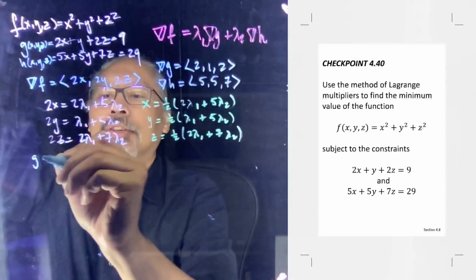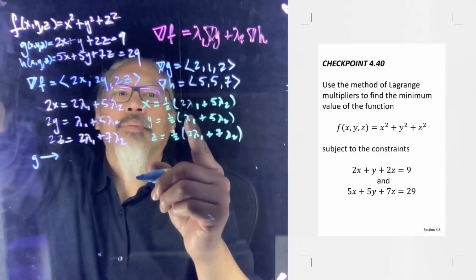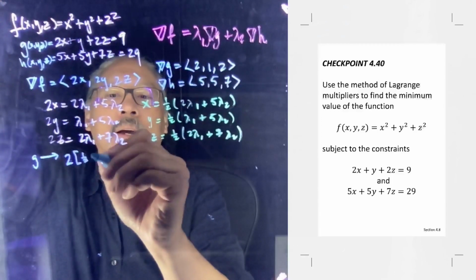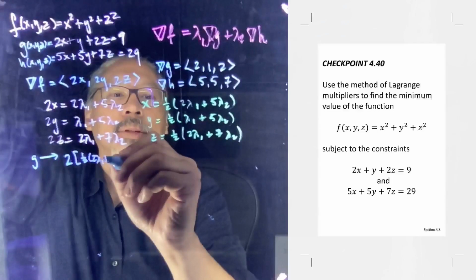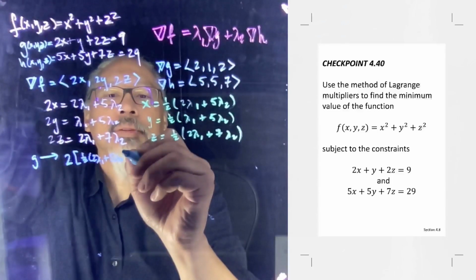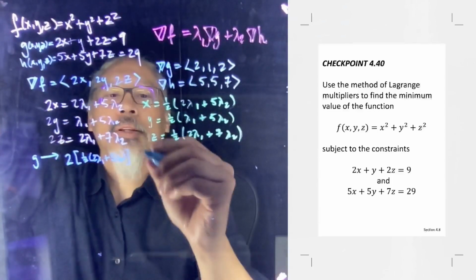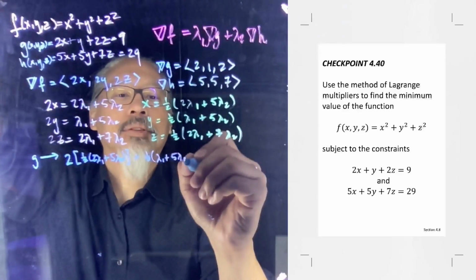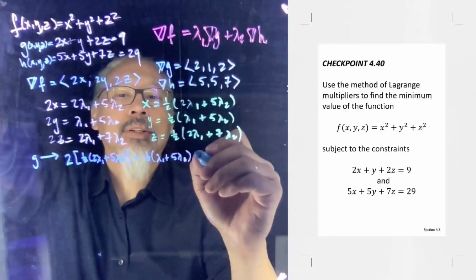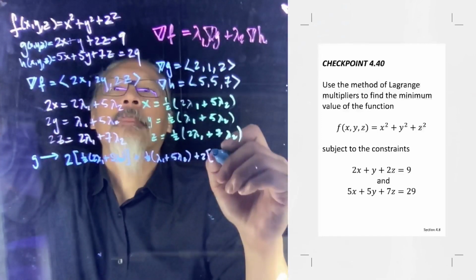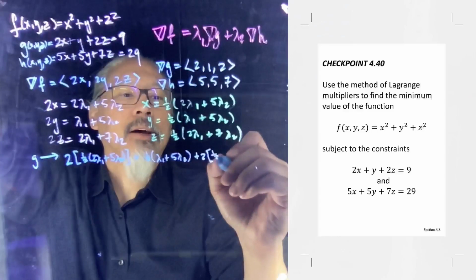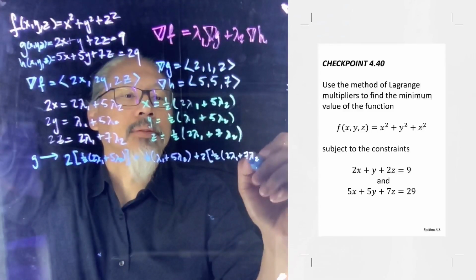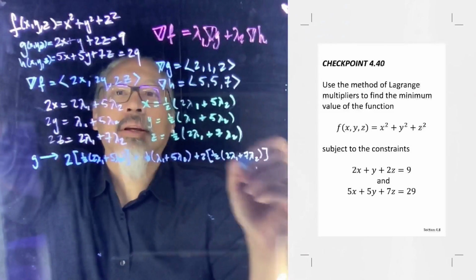So into the g function, we're going to have 2 times 1/2 times 2 lambda 1 plus 5 lambda 2, plus y, 1/2 times lambda 1 plus 5 lambda 2, plus 2z, and that would be 1/2 times 2 lambda 1 plus 7 lambda 2, and that's equal to 9.